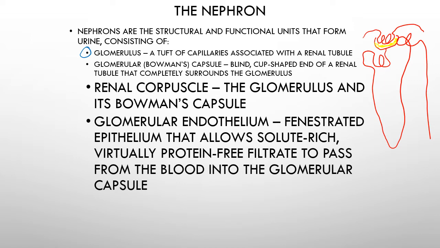Those fenestrated capillaries are going to allow just about everything to come out through the filter, except for proteins and cells. And so the large proteins of the blood, as well as red blood cells and white blood cells, are going to be left inside the blood vessels as they leave the glomerulus itself.